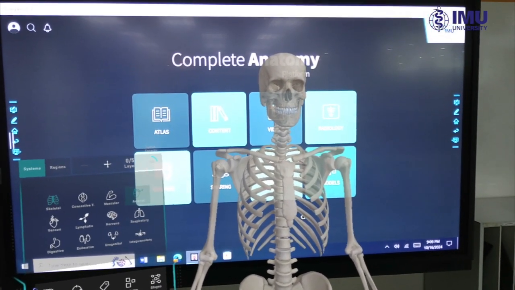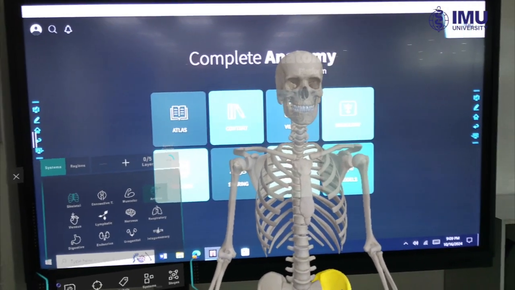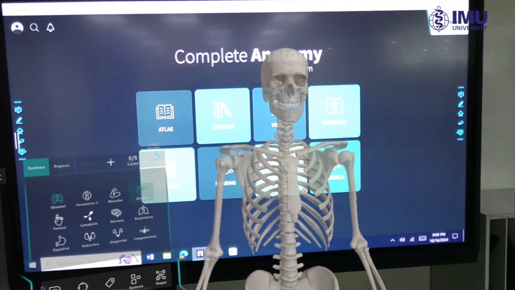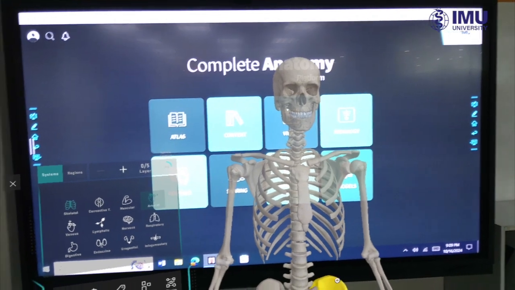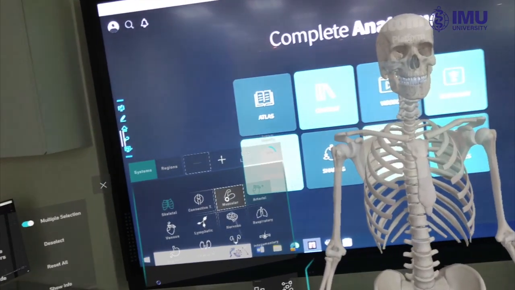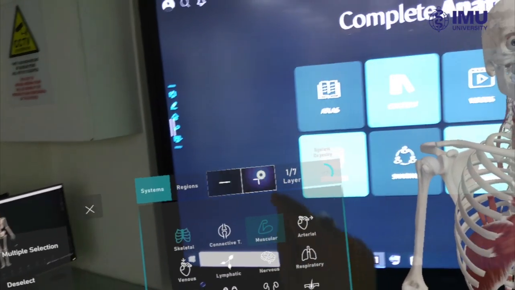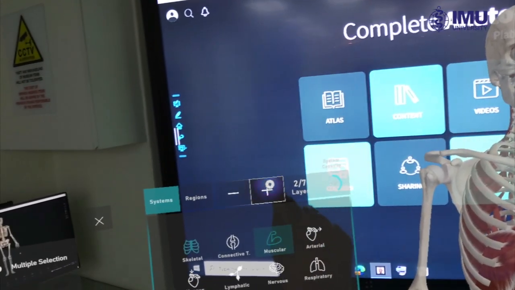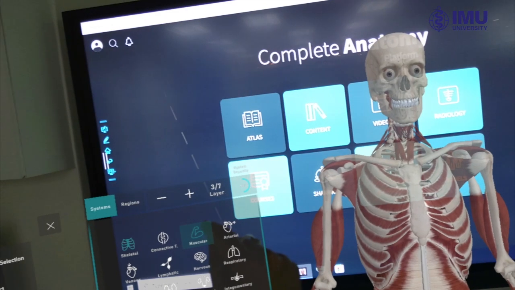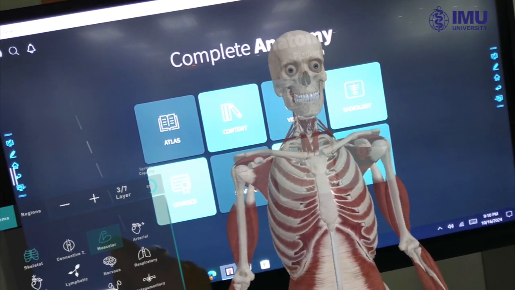You can see a model of a skeleton there, and now I am going to add the muscles and heart and the arteries. You can see gradually the muscles are added layer by layer.